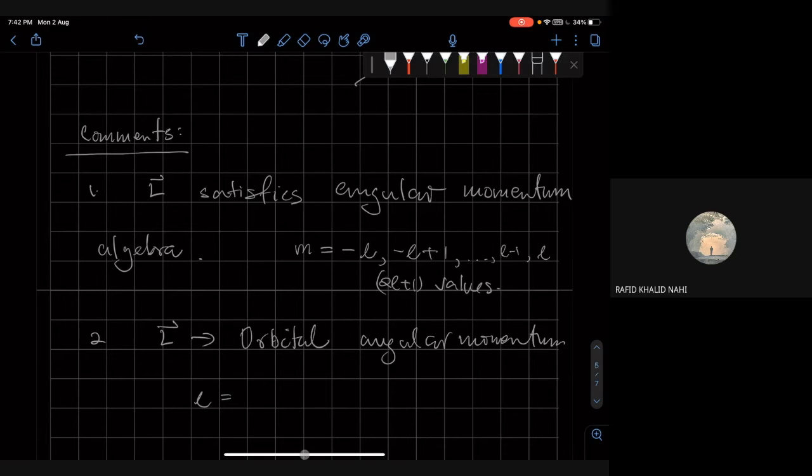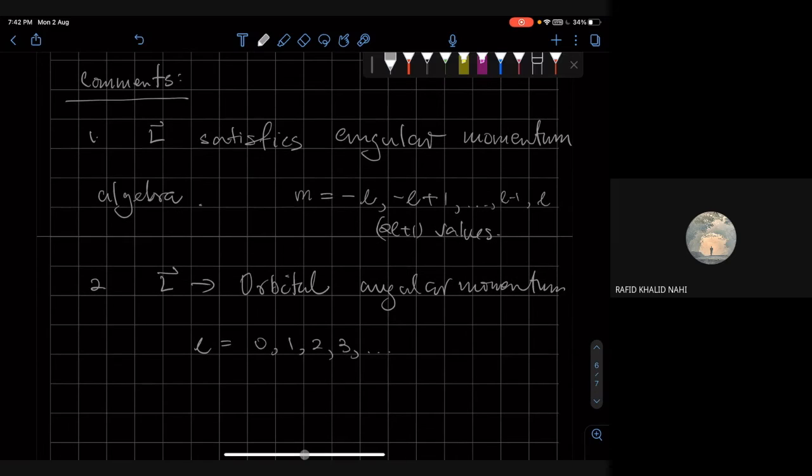Positive integers, yes. So does it have to be positive? Yeah, by definition, L is positive, and that's because L squared is a positive definite operator, right?